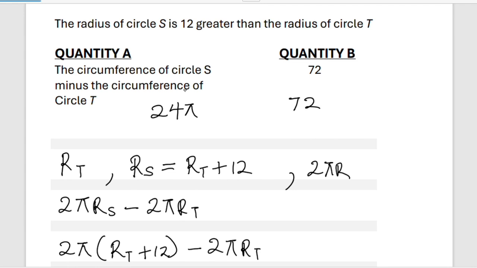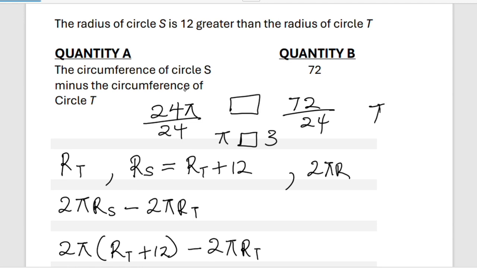We don't know what the relationship is here. We can divide both sides by 24, and what we have here is just going to be pi and 3, and we know that pi is 3.14 and so on. So clearly pi is greater than 3.